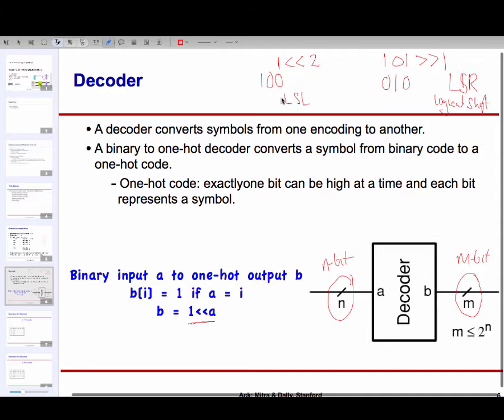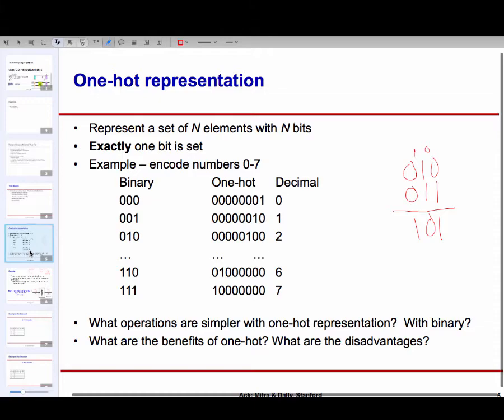So this also brings out another point. How we interpret a bunch of bits depends on the context, right? If I were to just give you this number 0, 0, 1, 0, 0 and ask you what it represents, the answer is I don't know. You have to tell me the coding scheme. If I tell you this represents a one-hot coding scheme, then you know this represents 2.